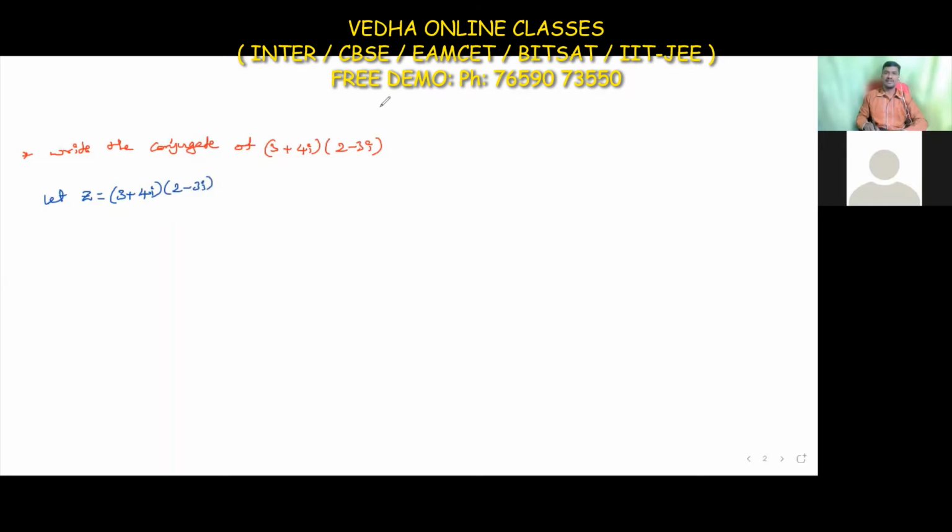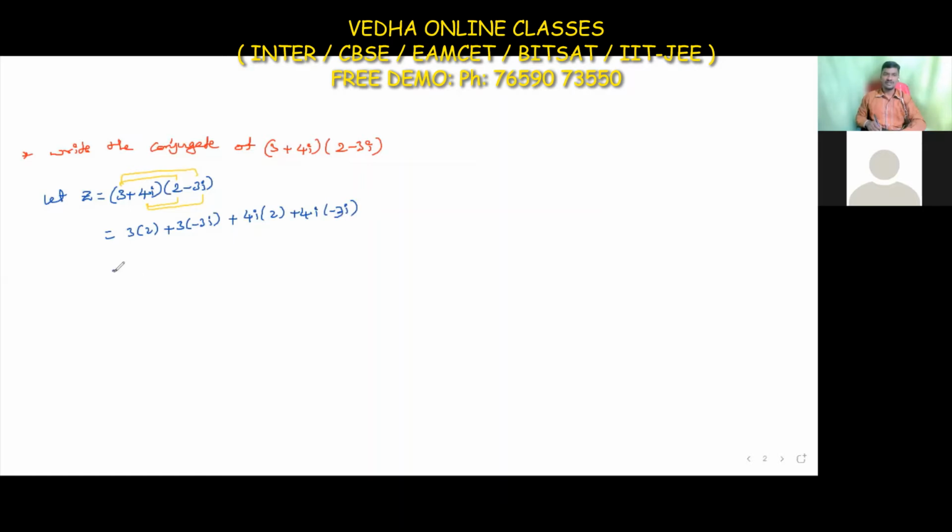Similarly multiply: 3 into 2, 3 into minus 3i, after that 4i into 2, and 4i into minus 3i.